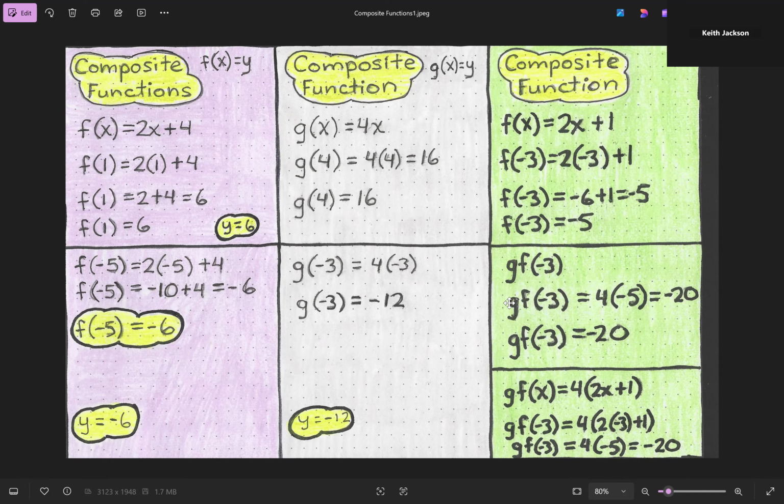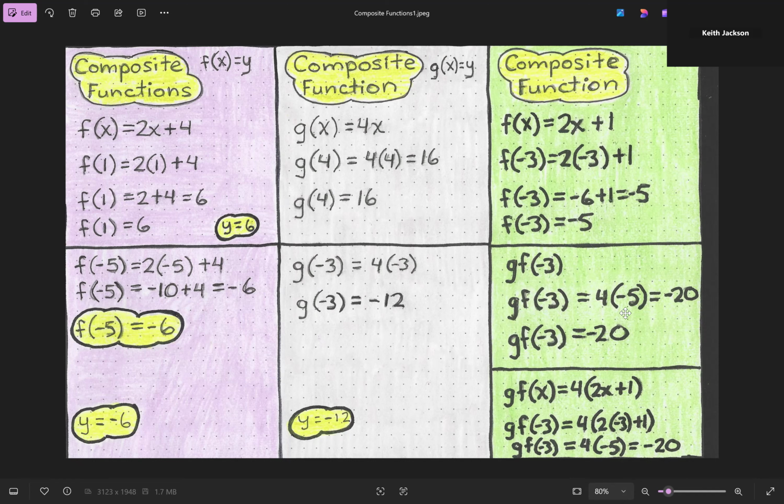So g of function of -3 is going to be 4 times this -5, and the answer will equal -20. So g of f of -3 is equal to -20. I'm just going to repeat that in case I made a mistake in pronouncing it. This is g of f of -3. And so again, g of f of -3 will give us -20.